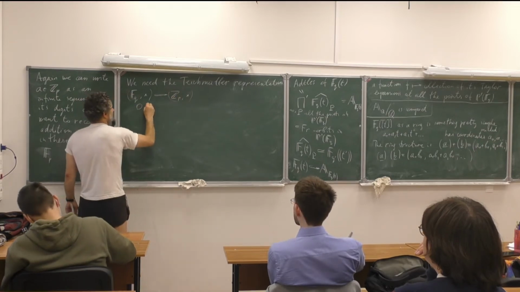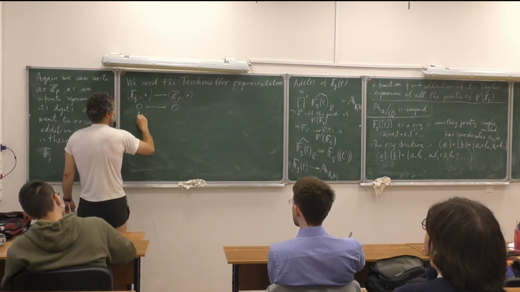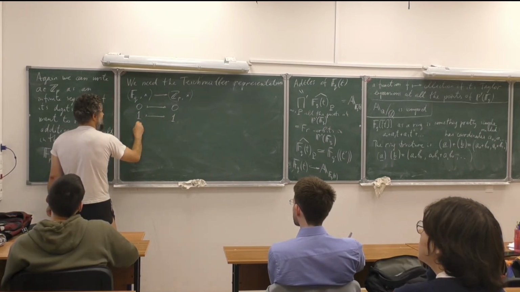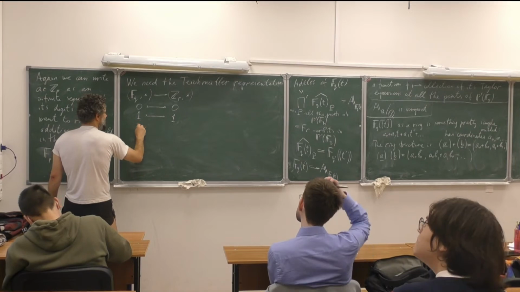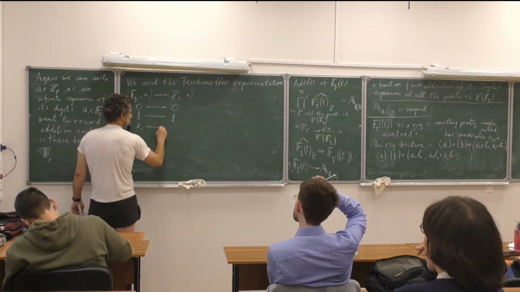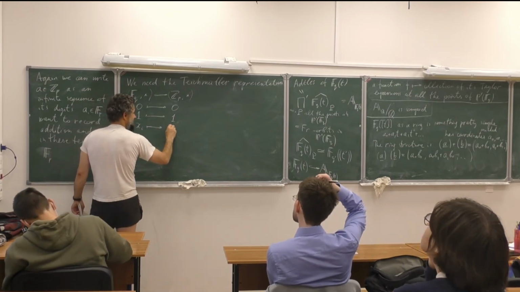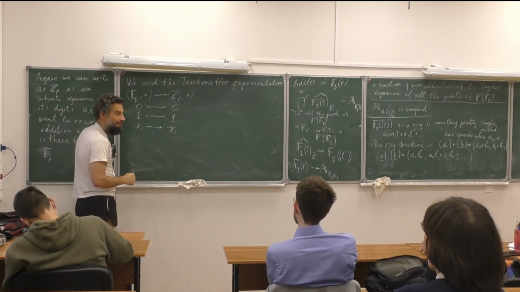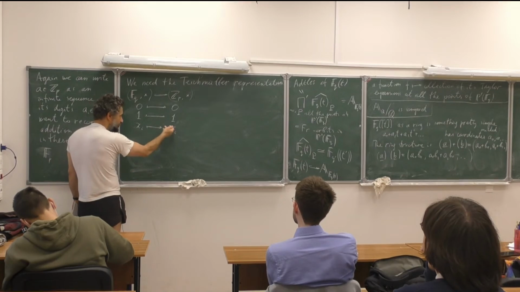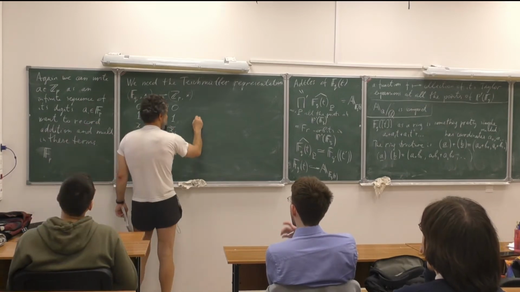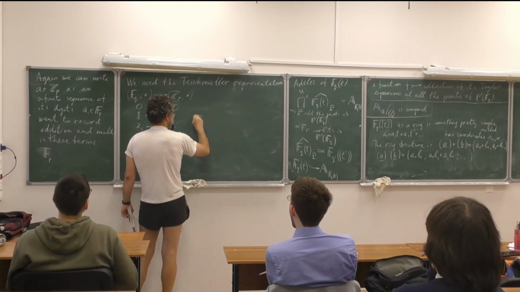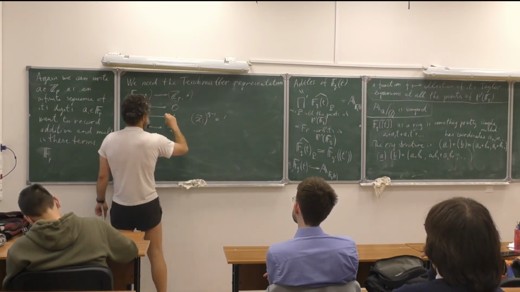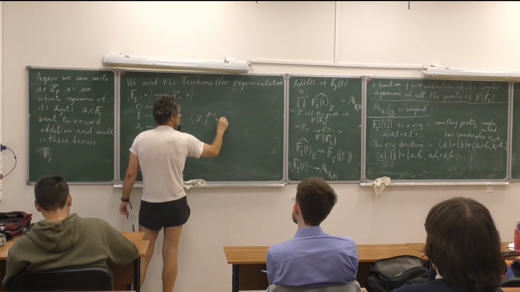Okay, so 0 goes to 0, 1 goes to 1, but the other elements, xi's, go to xi tilde, something like this. So they go to the roots of unity. Xi tilde to the power q minus 1 will be 1. p minus 1 will be 1.